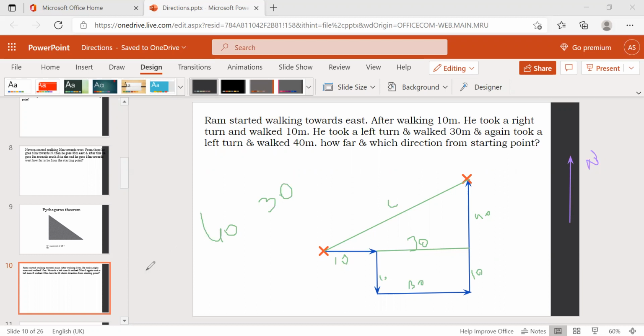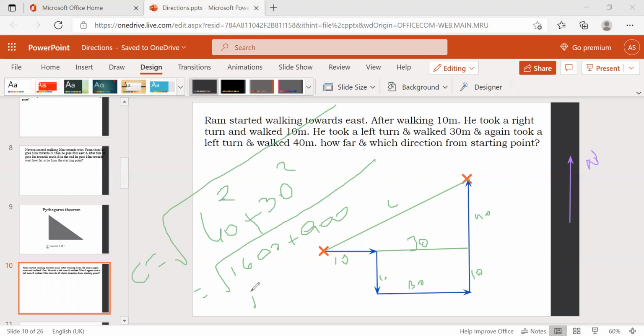So C equal to root of 40 square plus 30 square, right? So it's nothing but root of 1600 plus 900, equal to root of 2500.